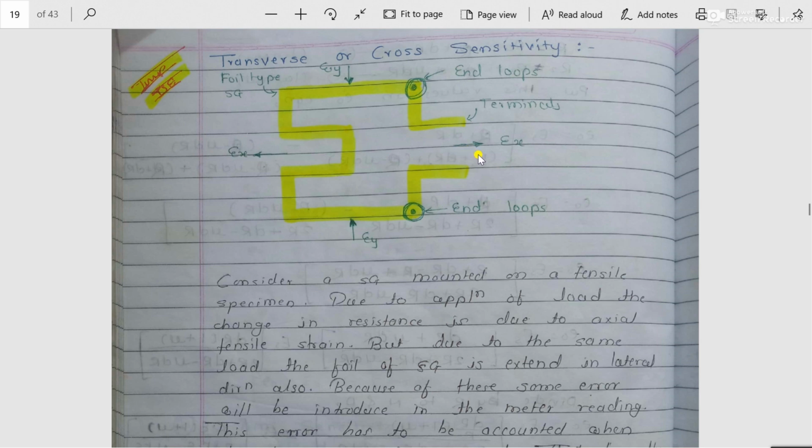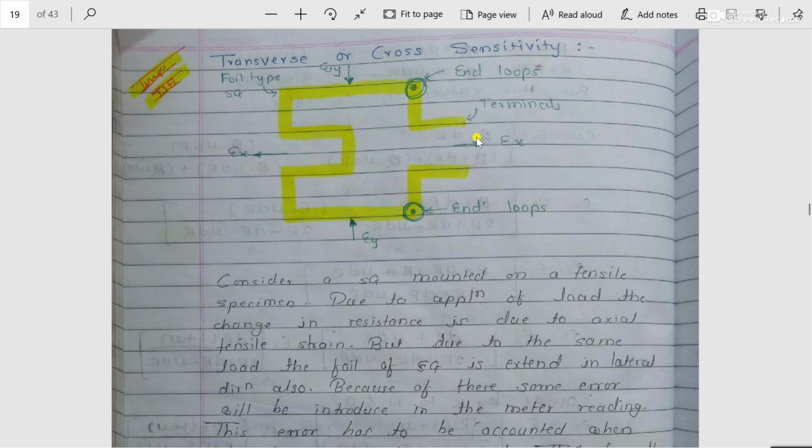If the force is applied in the x direction, some amount of strain is also induced in the x direction, which is represented by epsilon x. The force applied in the x direction is considered a tensile force, therefore the strain induced in the x direction is also considered a tensile strain. As the force is applied in the x direction, the strain is developed in the x direction, represented by epsilon x.